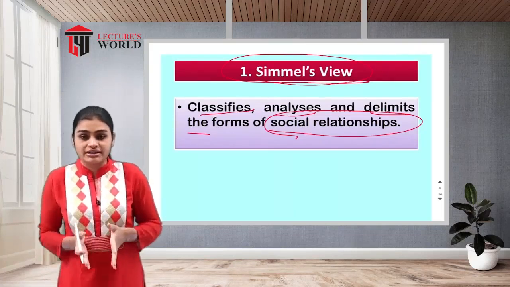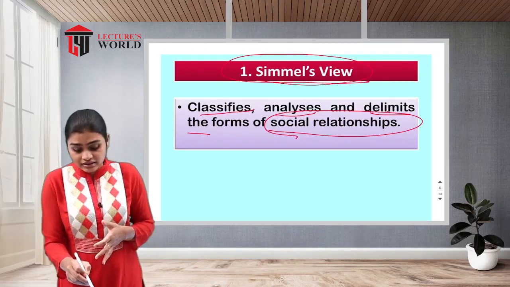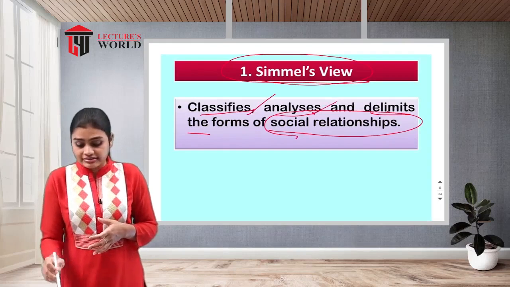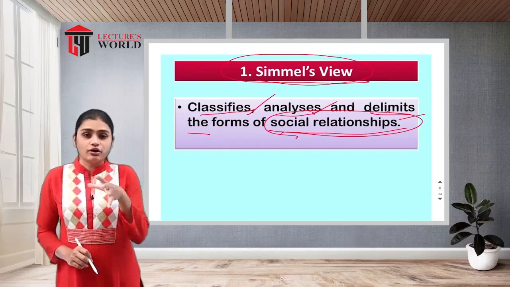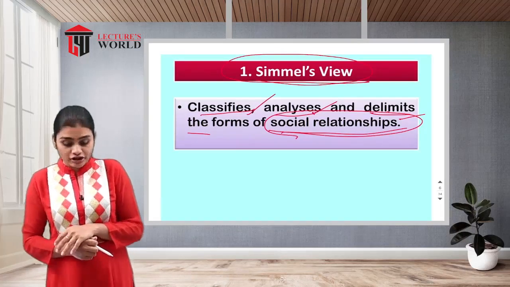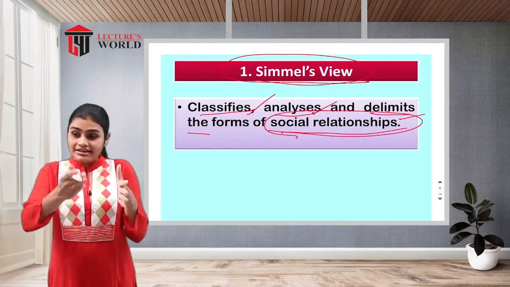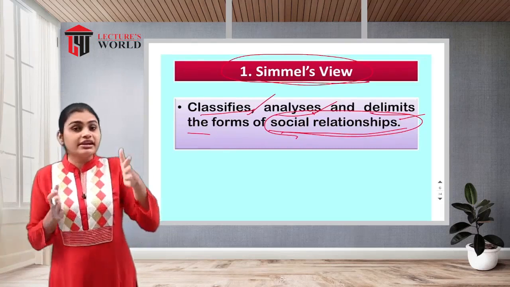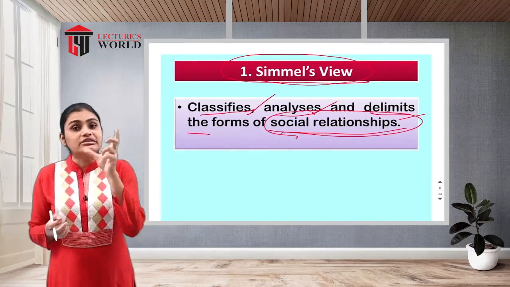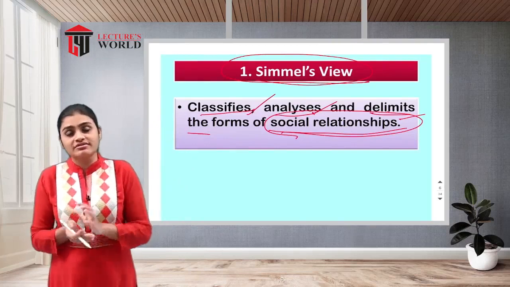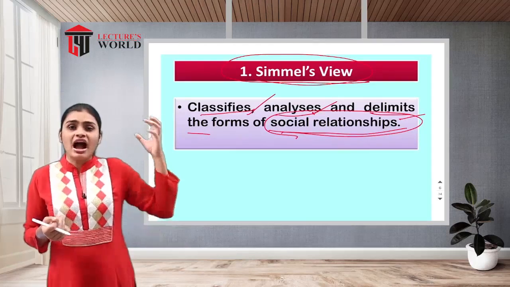So according to Simmel, he looked at sociology and did the classification, analysis, and delimitation of the forms of social relationships. All of these things were done by Simmel. The classification of social relationships means they have classified these relationships. For example, the relationship of an individual with their family members, or with particular family members, or the relationship of the individual with their subordinates or higher authorities.